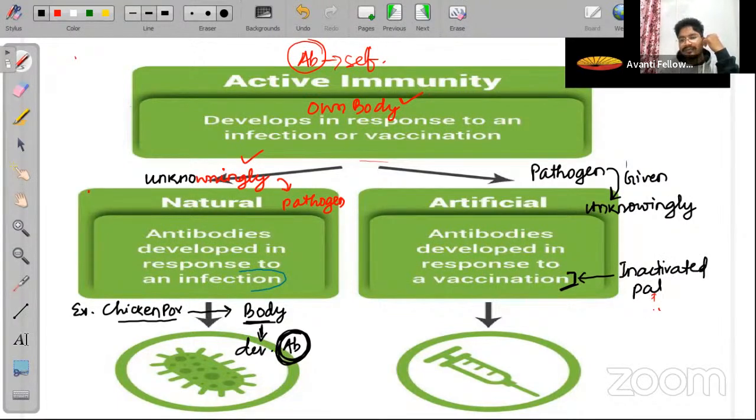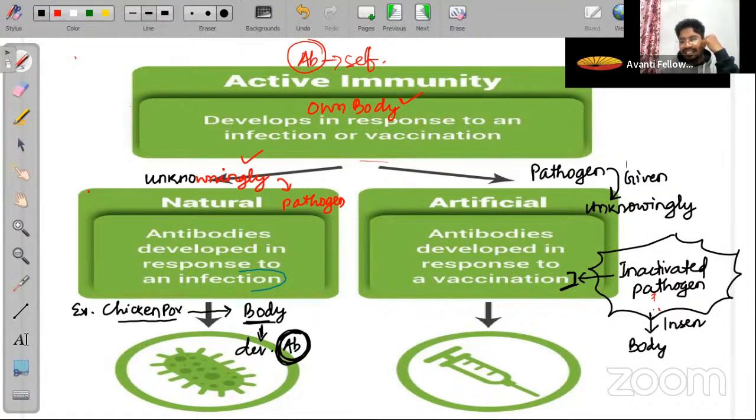इनएक्टिवेटेड और वीकेंड पैथोजन होते हैं। इनएक्टिवेटेड और वीक पैथोजन को क्या किया जाता है? अपने बॉडी के अंदर वीक और इनएक्टिवेटेड पैथोजन को इंसर्ट किया जाता है, वैक्सीन के फॉर्म में, राइट? सो व्हाट वी हैव डन हियर, वी हैव इंसर्टेड द पैथोजन knowingly with our will.